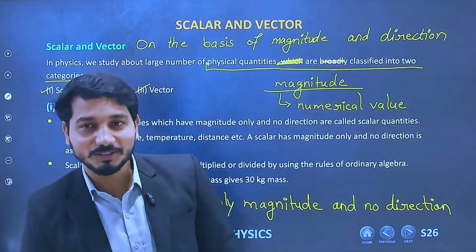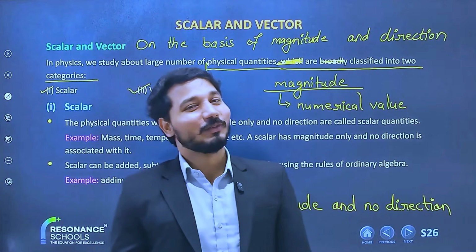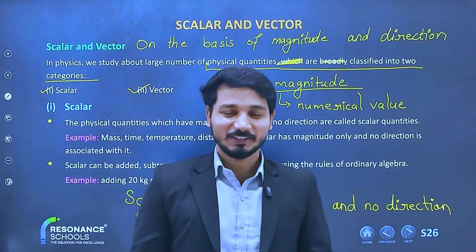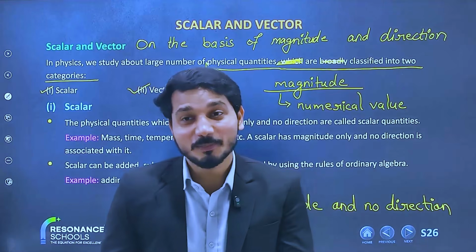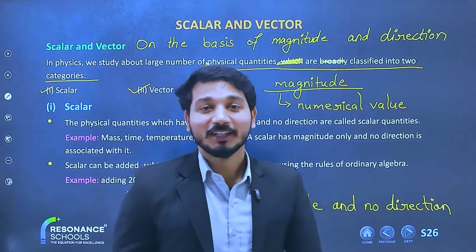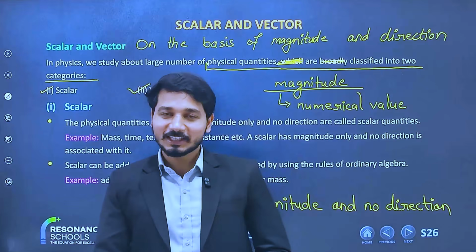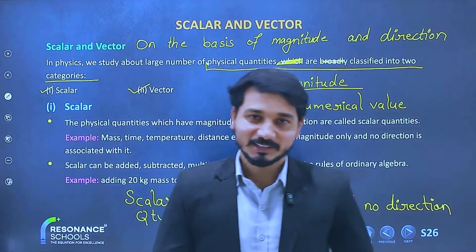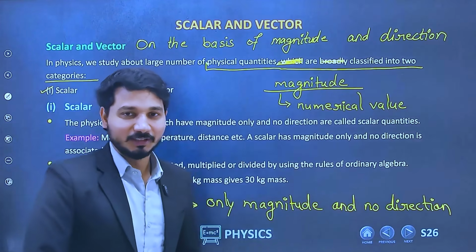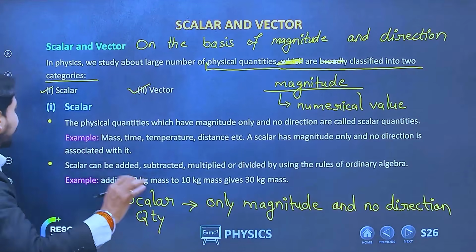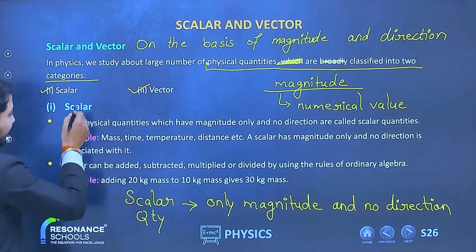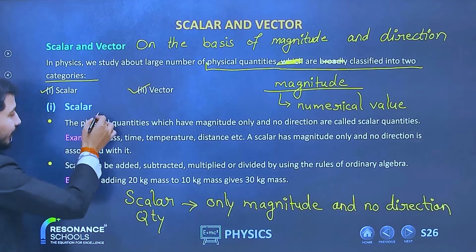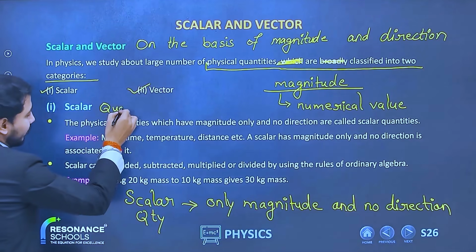When someone asks you for an example, it is very simple. Vegetable shop, 2 kg is the mass of the potato. Time is a scalar quantity. Distance is a scalar quantity, right? Now note down this fast. You will write the topic, scalar quantity.